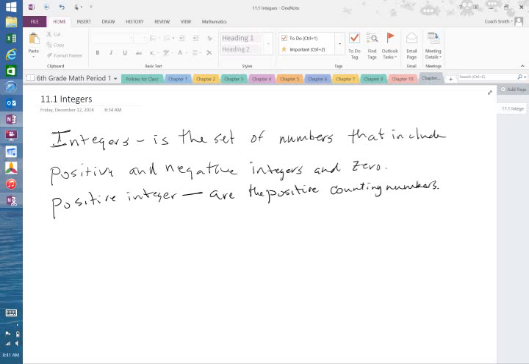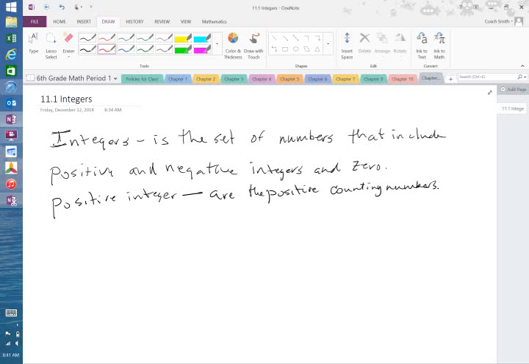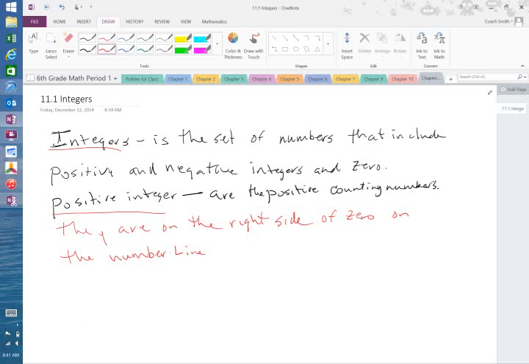All right, so positive integers are positive counting numbers, okay? Positive integers are also on the right side of 0 on the number line. Okay, they fall on the right side of 0.